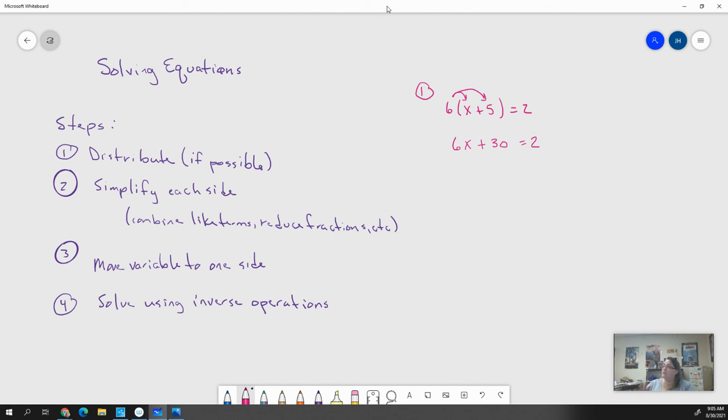And so we're going to start undoing everything that's being done to that variable. And if you look at it, this right here is 30 being added to it, right? This right here is 6 being multiplied to it. And so to undo those things, we're going to do the opposite of them.